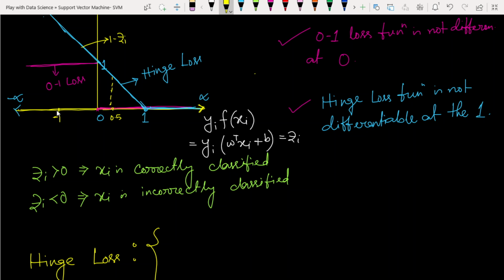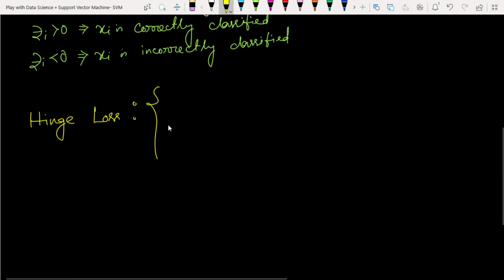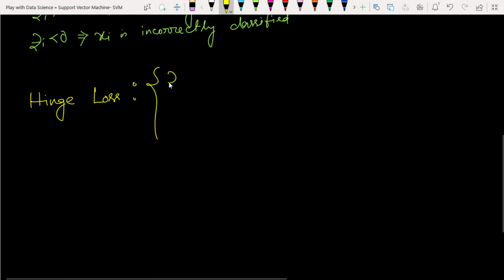If I take minus 1, then 1 minus minus 1 is 2. That is 2. So this function is 1 minus Zi.